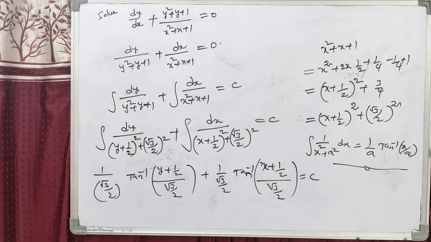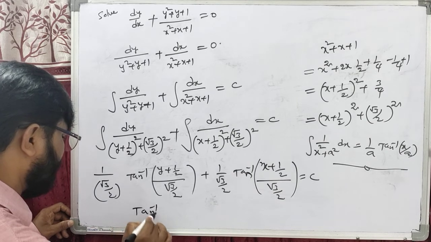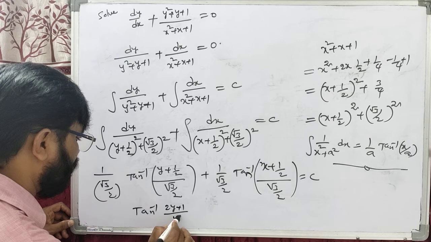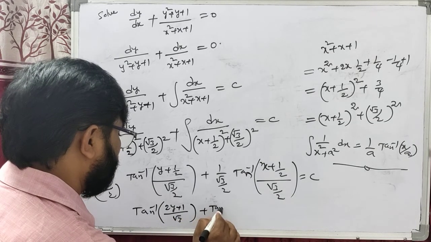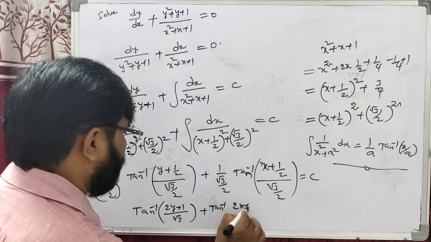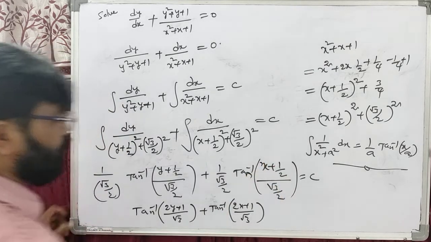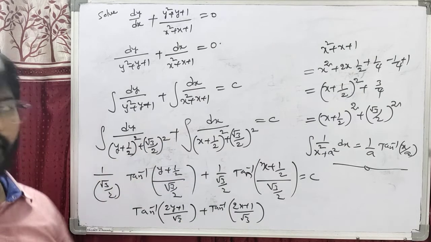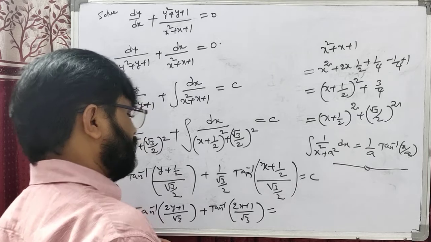Dear students, how to write this one? The tan inverse of 2y plus 1 upon root 3. This is also, students, the tan inverse of 2x plus 1 by root 3. Here the constant is common, that will be sent to the other side. How do we get it, students?